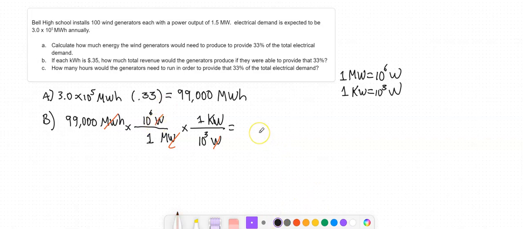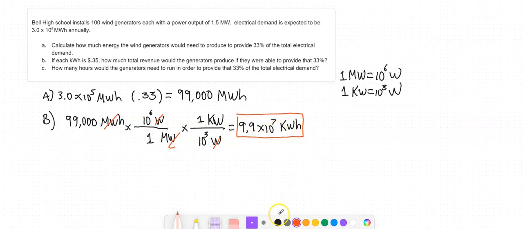And if we put those into the calculator, I get 9.9 times 10 to the 7th kilowatts times these hours right here, kilowatt hours. Now, this is actually going to be useful for me in part C, so I'm going to keep my eyes on this because I'm going to want this later.